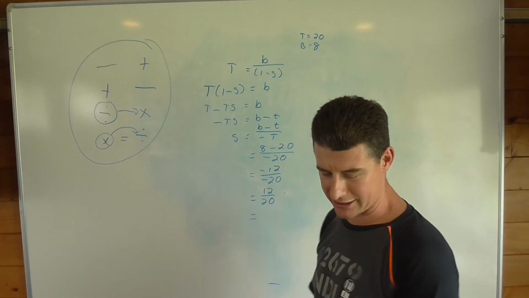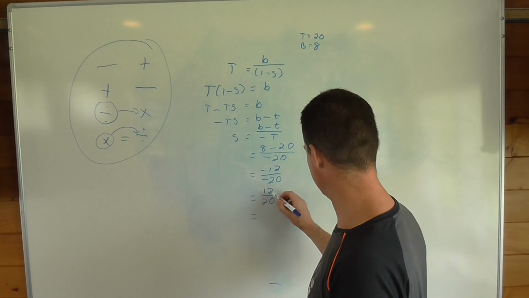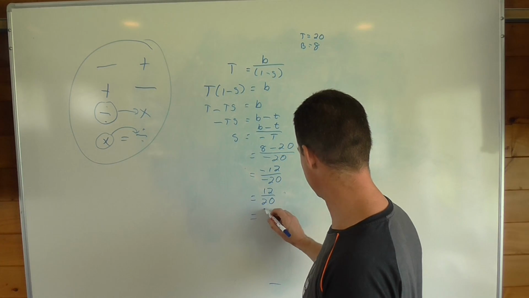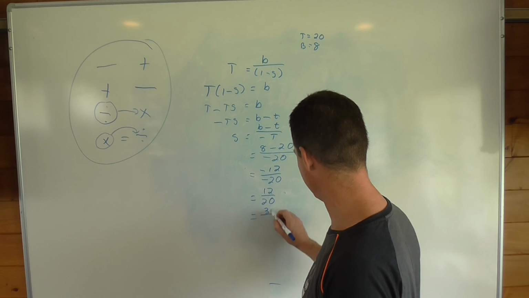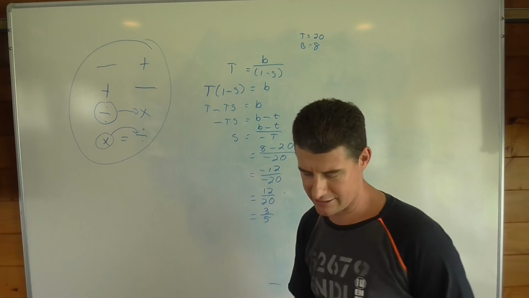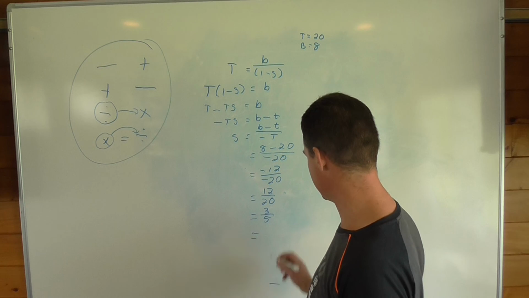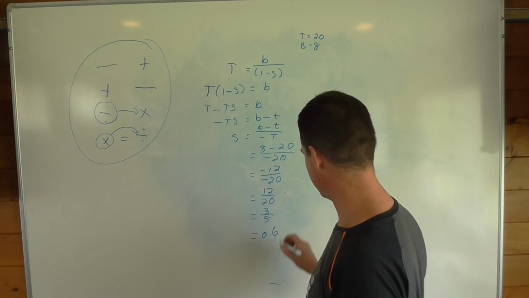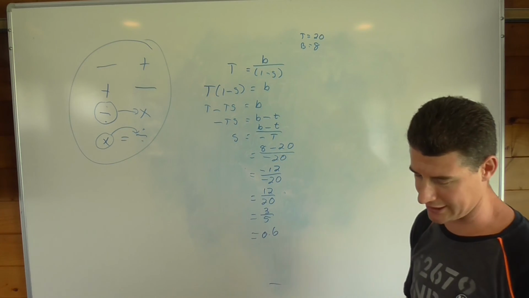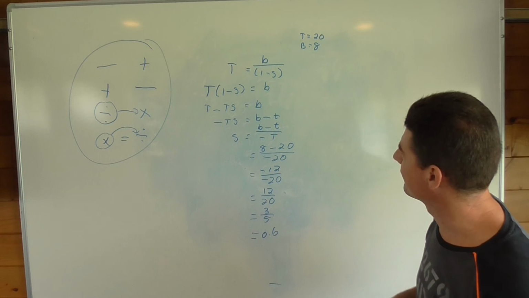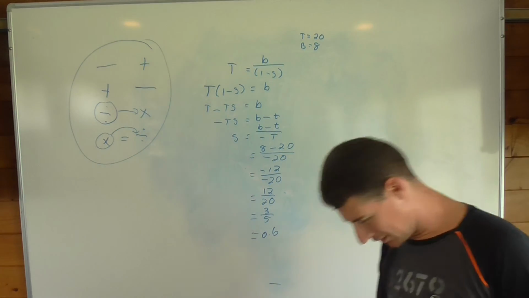And now you just bring it into its simplest form, so 12 divided by 4 is 3, 20 divided by 4 is 5. So your answer is 3 over 5, and then if you have to change it into a decimal, that'll be 0.6. Just punch that into your calculator. Okay. I hope you guys are following me.